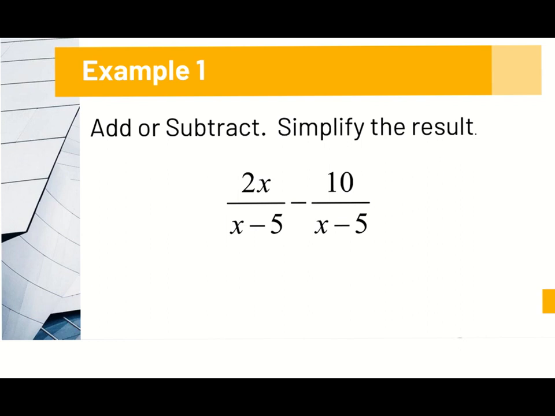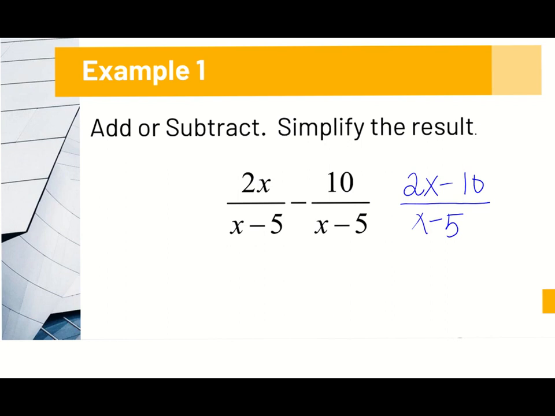So this is the same thing as what we just did previously, where we just had 6 in the denominator. So here, if I'm going to subtract these, I'm going to subtract the numerator. So 2x minus 10. 2x and 10 are not like terms, so they just stay separate. And then in the denominator, I have x minus 5. It's my common denominator, so I keep it the same.